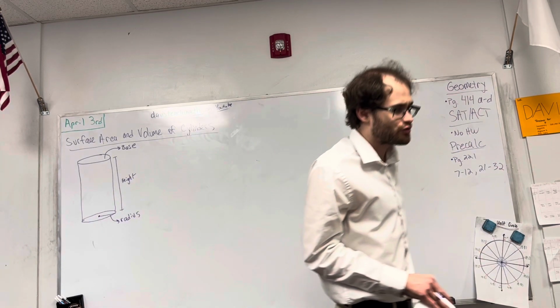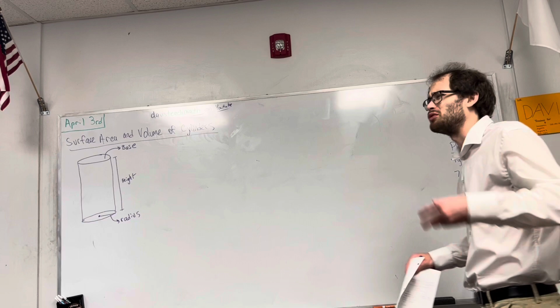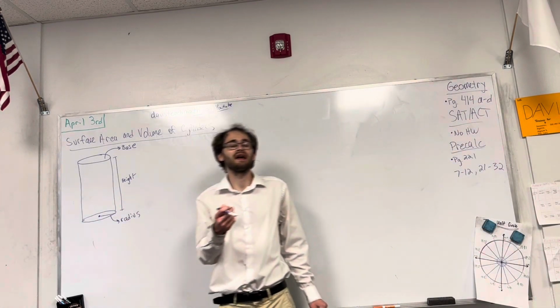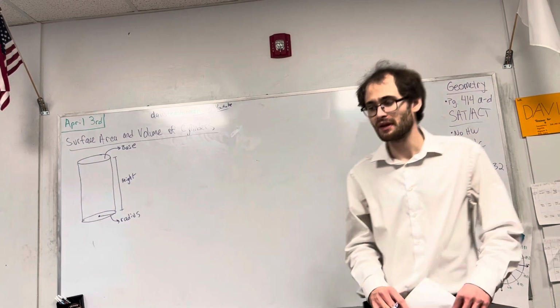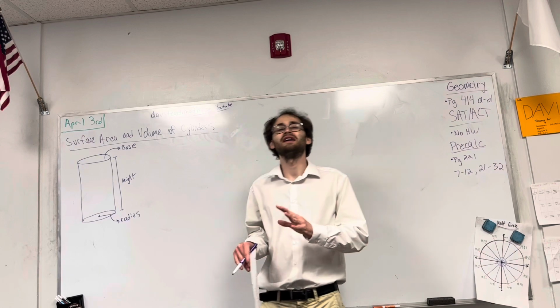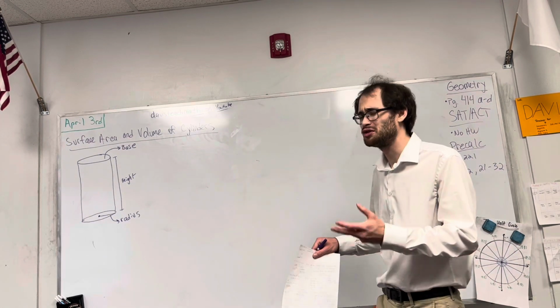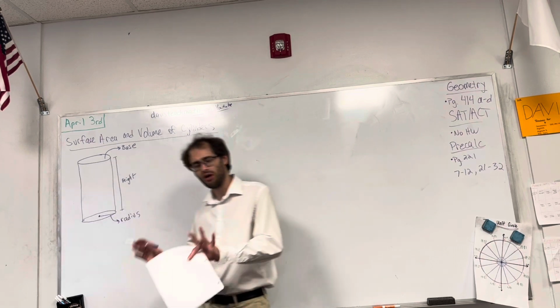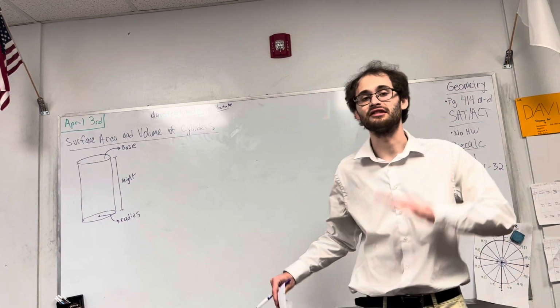And just like with right prisms, we had an oblique prism. The same is true of cylinders. You could have an oblique cylinder. Again, I'm not going to write down the definition. It's not that important. It's just kind of a special case that I want you to have at least seen, just in case it pops up somewhere. And remember, all the word oblique means is slanted.